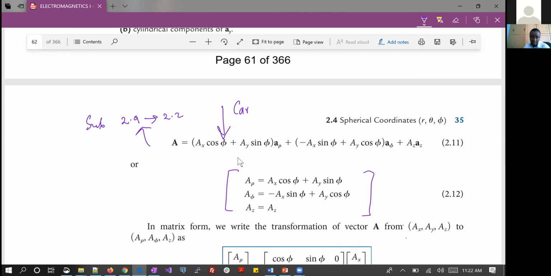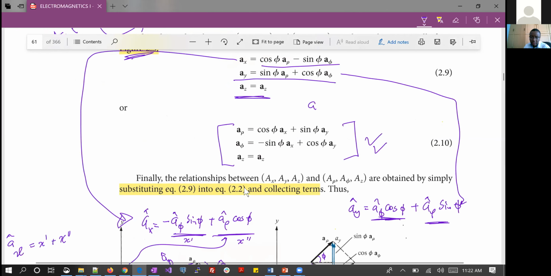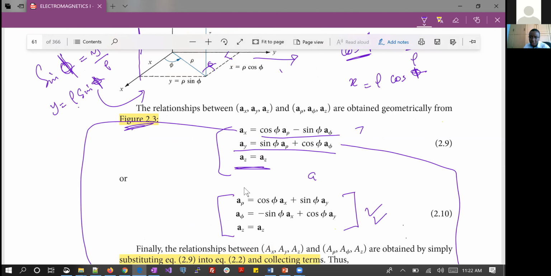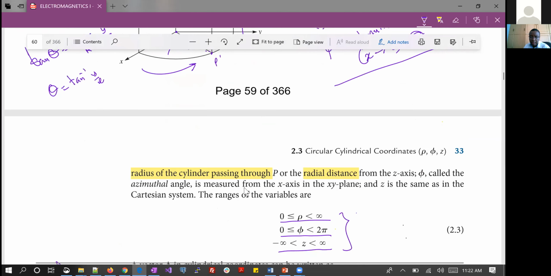So this is the idea that we have, and we are saying that we can do that by getting equation 2.9, this equation that we have just derived, and then you replace them in equation 2.2, which is right here.